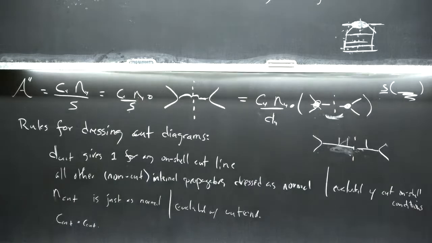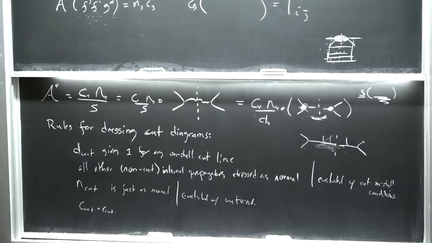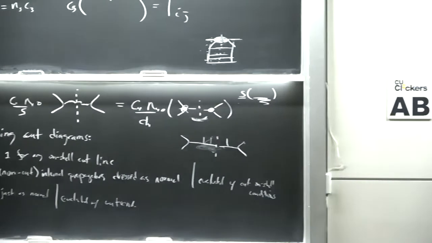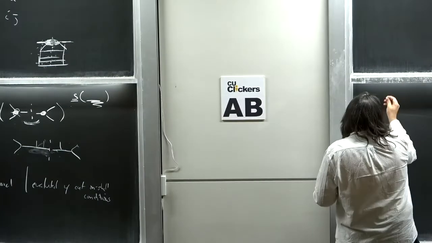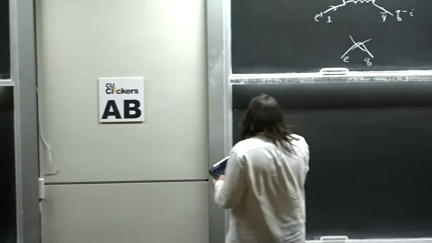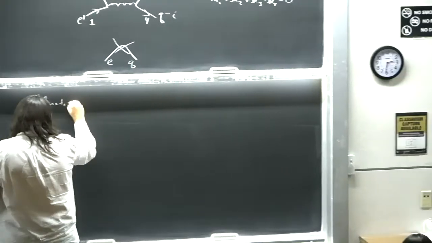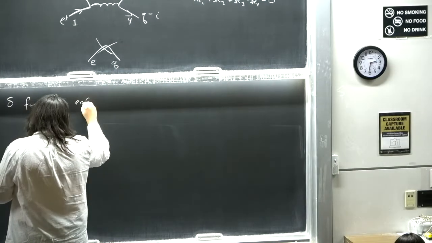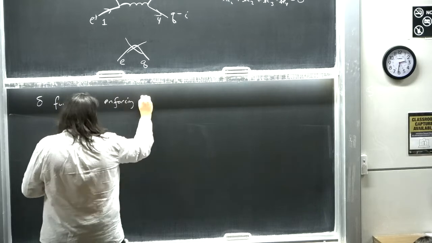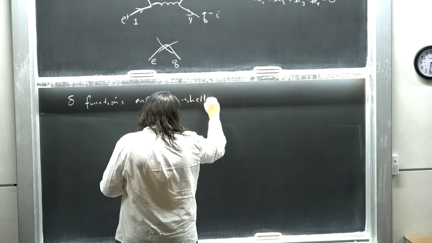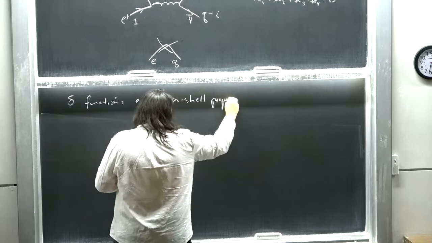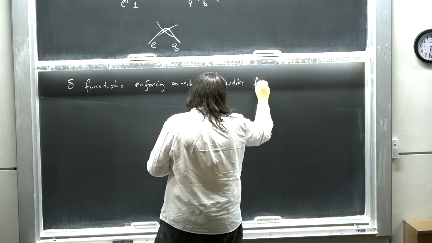Now, what do I mean by evaluate with on-shell conditions? Overall, with this expression, we're going to have delta functions enforcing on-shell properties for the cut leg.